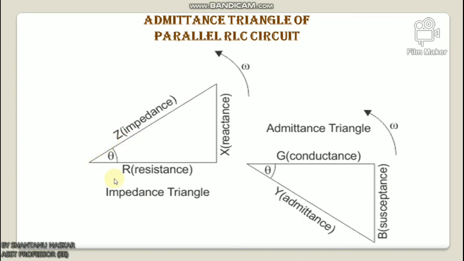The impedance Z has two components, resistance and reactance, R and X. Similarly, admittance has two components: conductance G, which is the reciprocal of resistance R, and susceptance B, which is the reciprocal of reactance X. So always remember, conductance G is the reciprocal of R and susceptance B is the reciprocal of reactance X. The admittance triangle of parallel RLC circuit is completely opposite to that of the series impedance triangle.